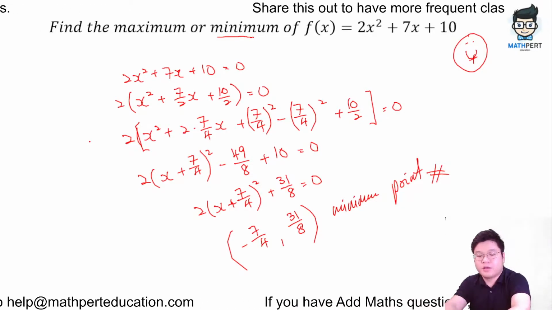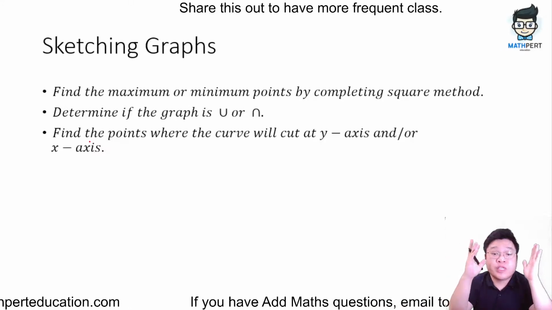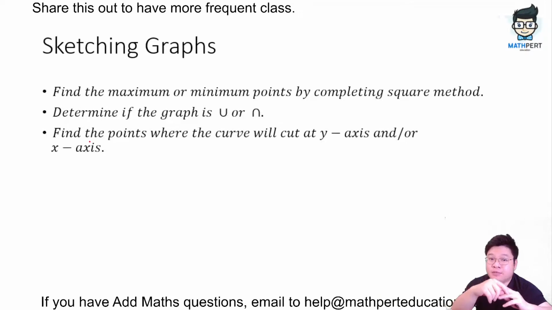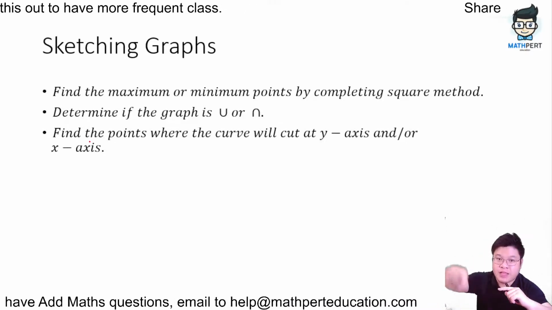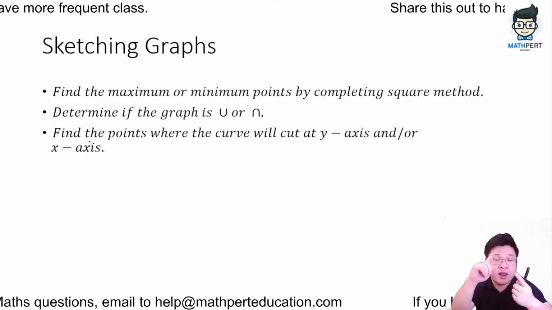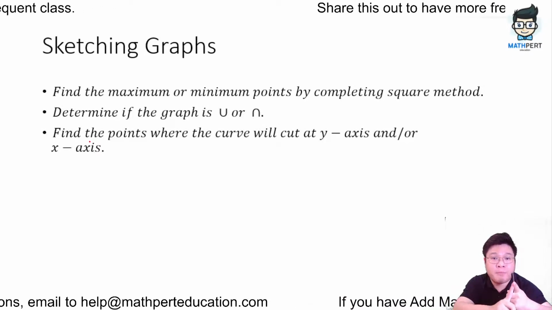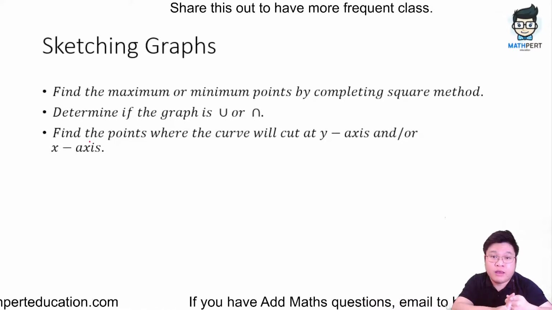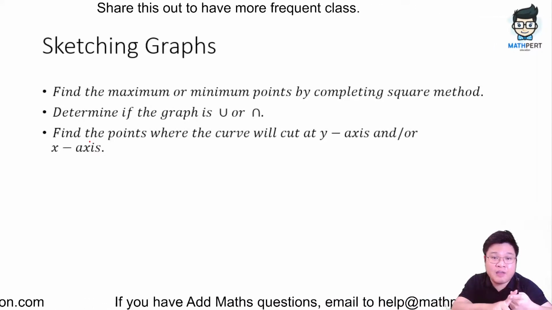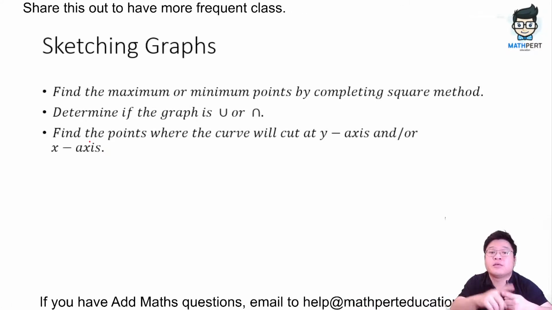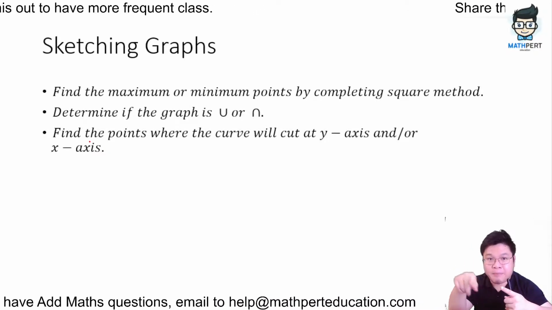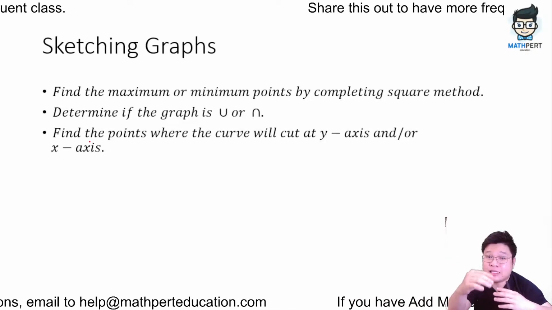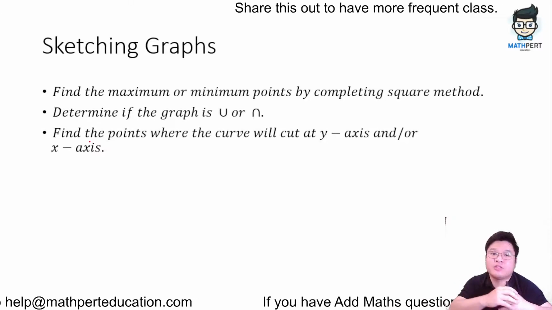Okay, so now, how do we sketch the graph? First we need to find out whether the graph is a minimum or maximum, so that you know whether it is a curve down or curve up. How do we find that? By looking at the coefficient of x squared, which means the a. If a is greater than 0, that means happy face, happy emoji, minimum. If a is less than 0, that means you have less, that means you are sad.